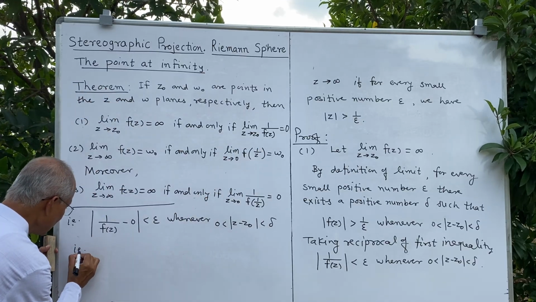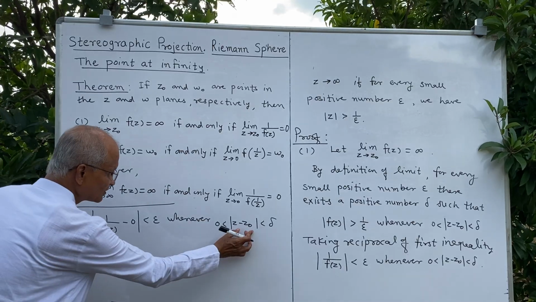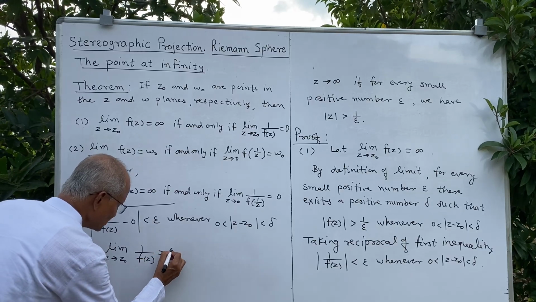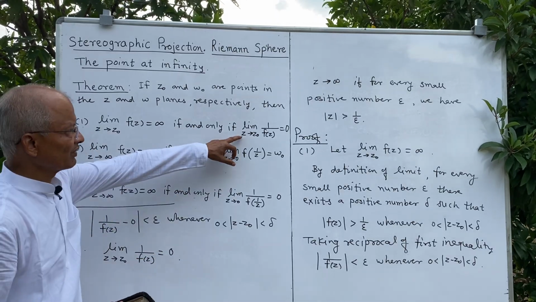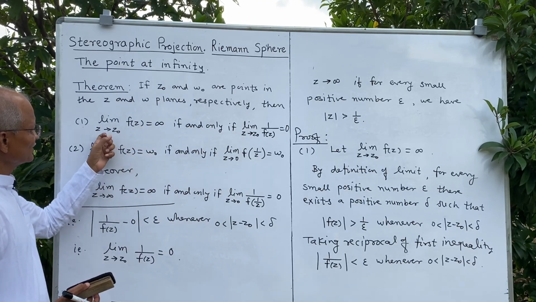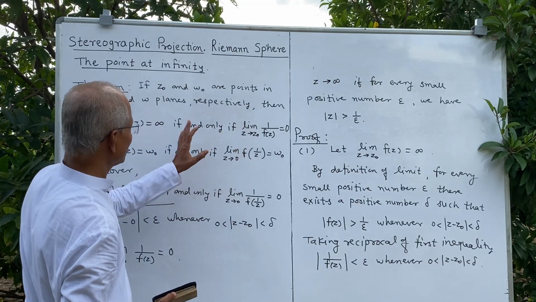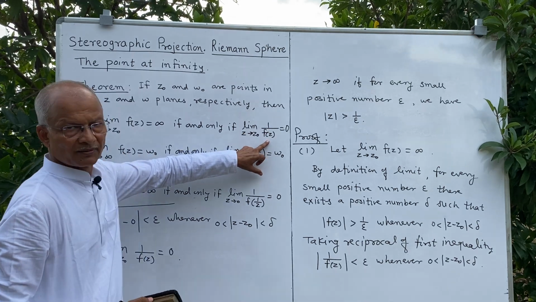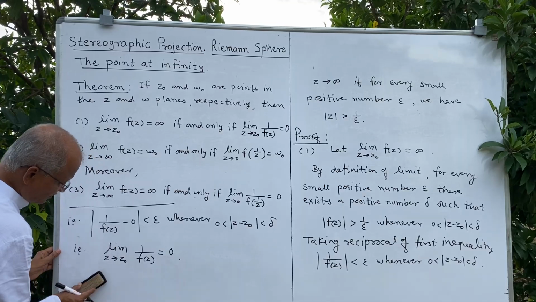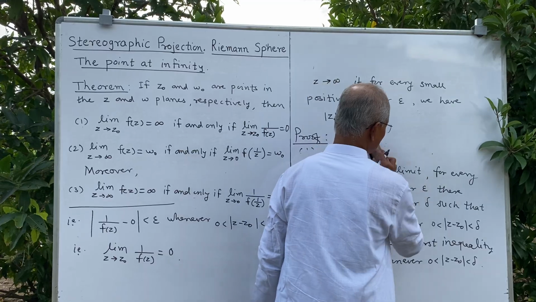Thus, if the limit of f of z as z tends to z naught is infinity, then the limit of the reciprocal of f of z is equal to 0. The result is easy to verify, and we shall consider an example for this.